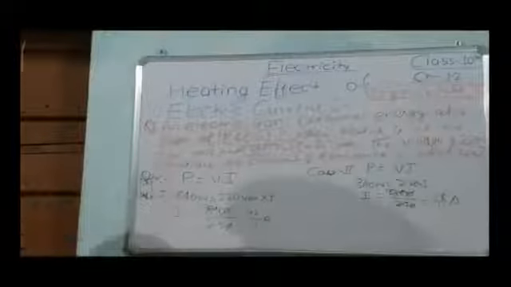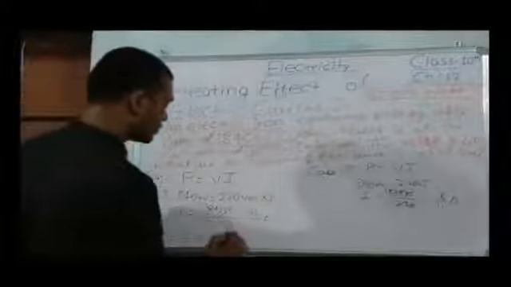Now we also have to find the resistance in each case. We know that R is equal to V upon I. Here V is equal to 220 and I is equal to 42 upon 11.